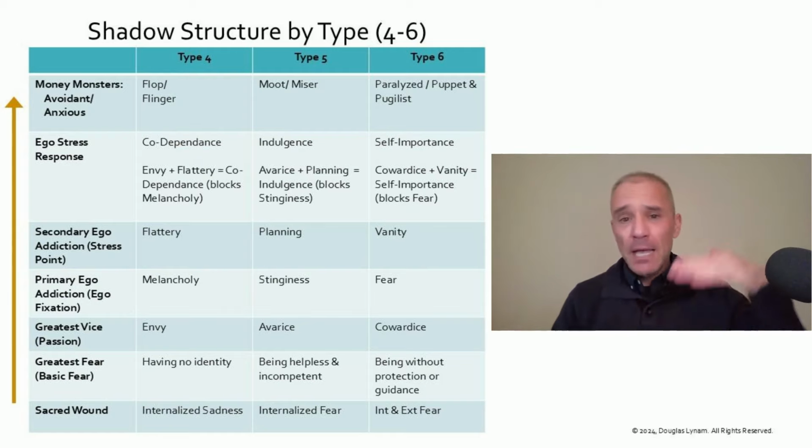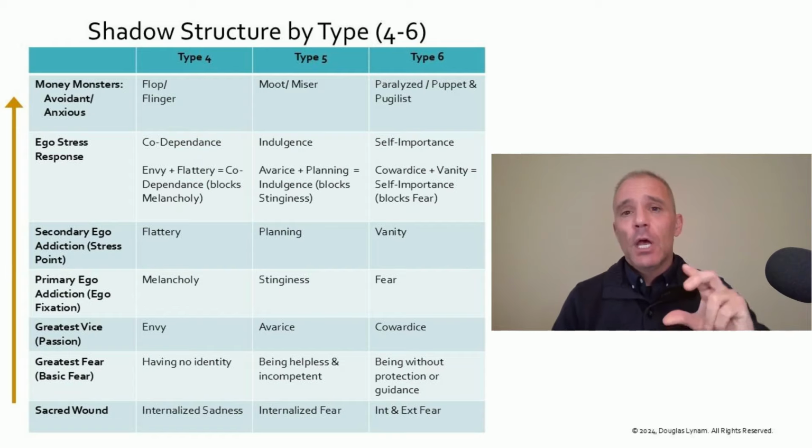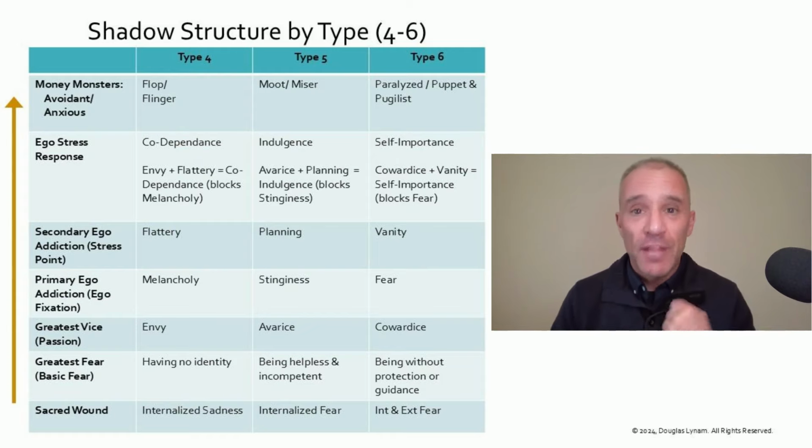And when that melancholy doesn't work, when they've overdosed on it, they flip to their secondary ego addiction, which is flattery, like the type 2. And the flattery sort of pulls them out of their shell. It keeps them from collapsing in on themselves. And they sort of look for other people to rescue, or mostly someone to rescue them.